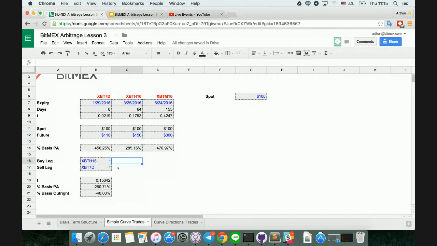So usually the proper way or the easiest way to do these trades is to sell the longer dated and buy the shorter dated, because as I said, you benefit in a greater way from the increased time value of the longer dated contract. So this is the curve roll down strategy.